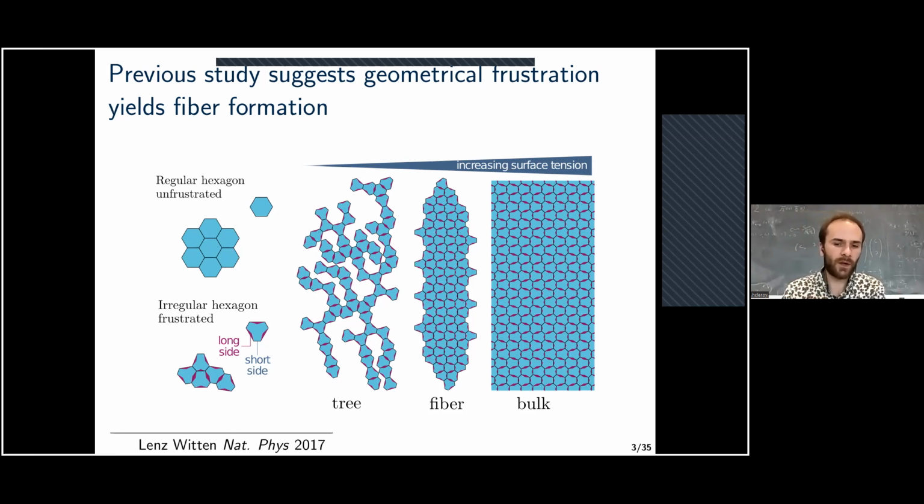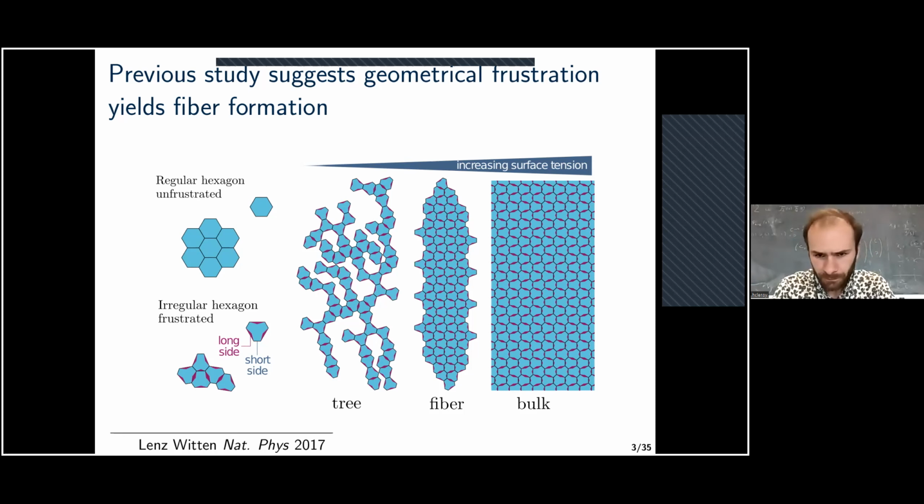What I call a bulk is an infinite size aggregate where nothing really limits the aggregation. And what they showed previously is that fibers appear as an interesting compromise between surface tension and stress accumulated by the aggregation.